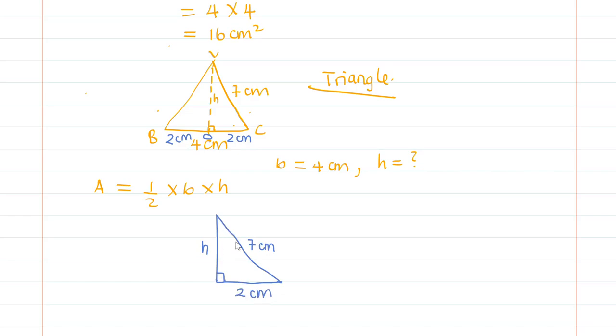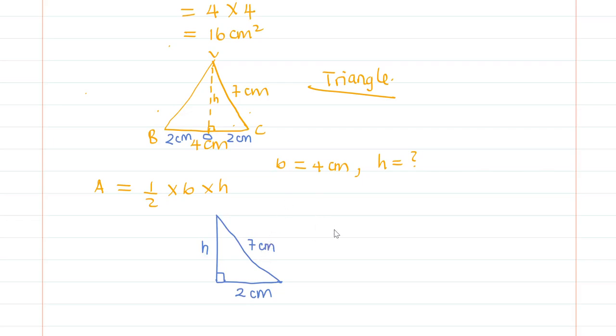Now from here, this is a right angle triangle, but the whole of this triangle is not a right angle triangle. So we form a right angle triangle, and then we apply Pythagoras theorem. Pythagoras theorem says if you get the squares of the two shorter sides and then you add them, they will equal the square of the longer side.